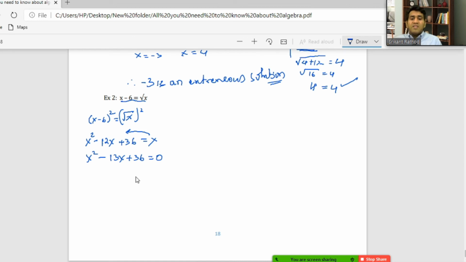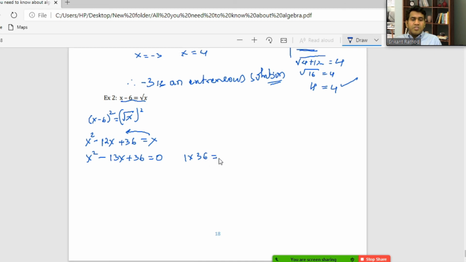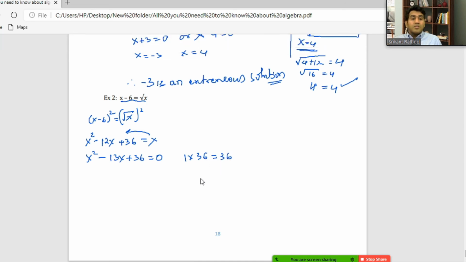Now write the factors of this: multiply the coefficient of x square with the constant number. 1 times 36 should give you 36. Now what are the two factors of 36 that, when you add them, give you 13? So 36 can be written as negative 4 times negative 9, right?